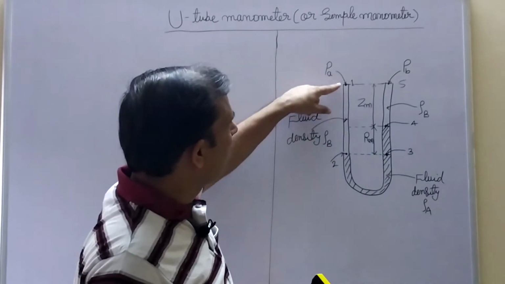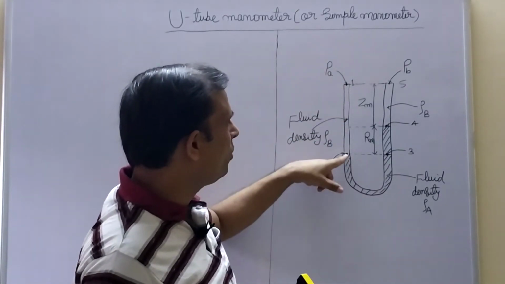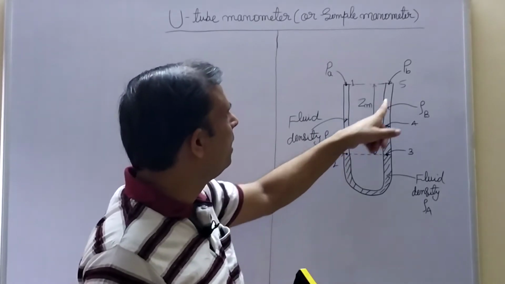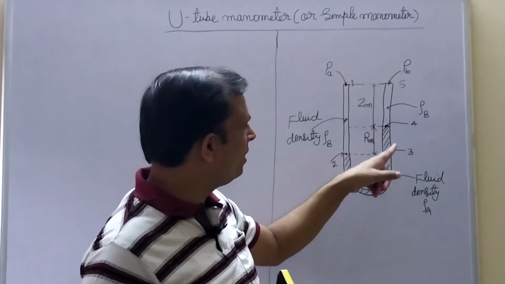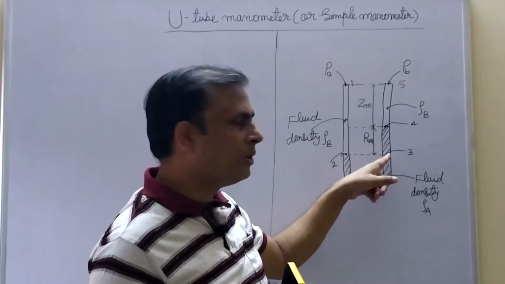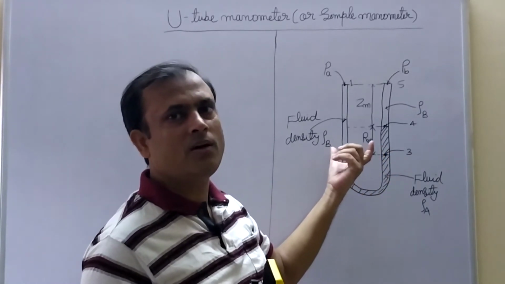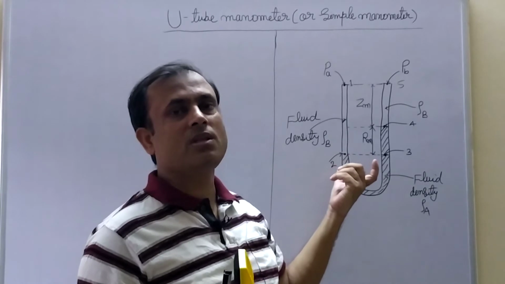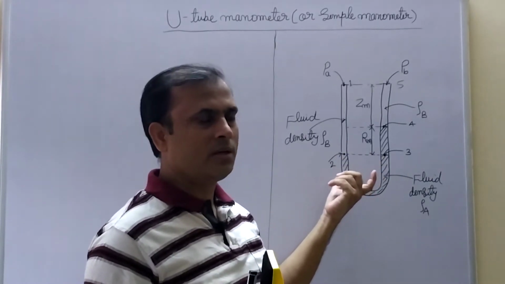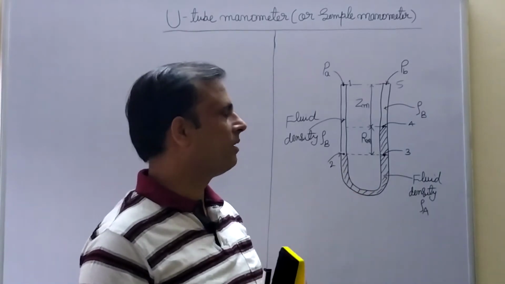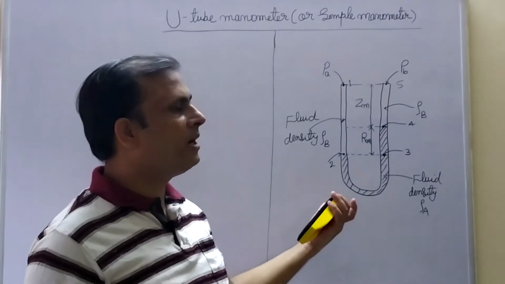Here the pressure at point 1 is PA, at point 2 we have to calculate, at point 5 it is PB, at point 4 we have to calculate, and the pressure at point 3 we have to calculate. So how do we calculate the pressure in both legs of the manometer? This is a very good process to calculate a pressure difference by using a manometer. So this can be applied everywhere.